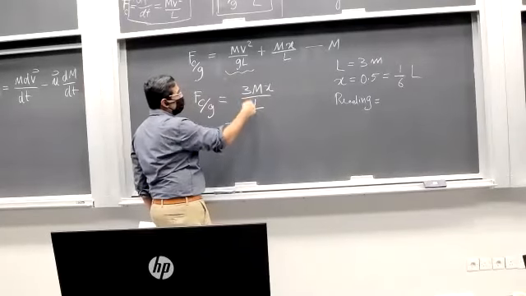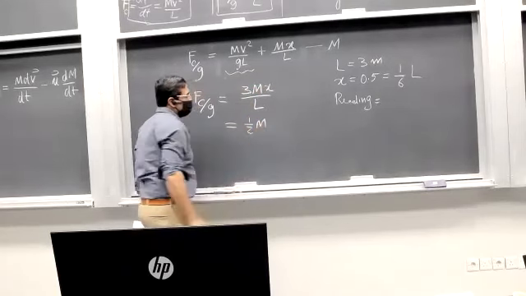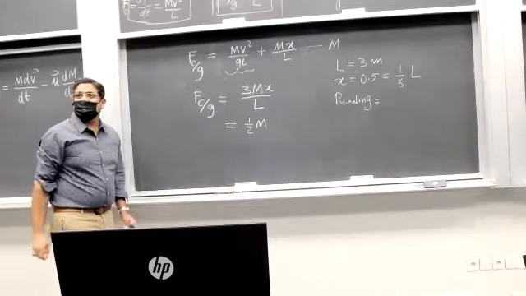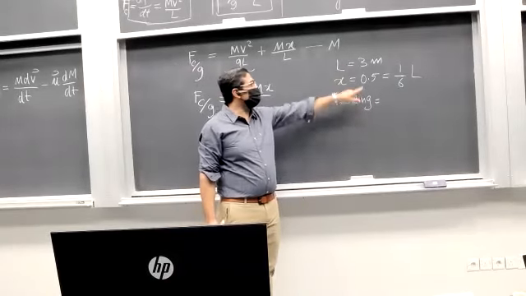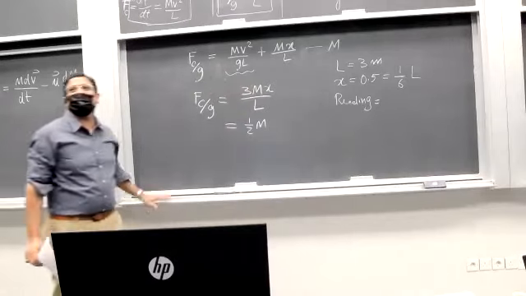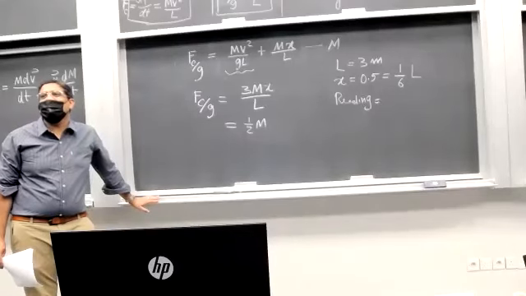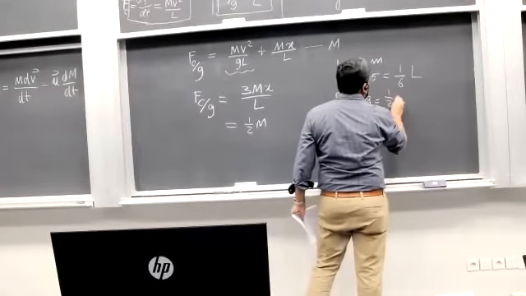Because 3 meters, 3 cancels, and this is half m. Right? But look at what is happening here. It is a 3 meter chain, and how much has dropped? Only 1/6 has dropped. And how much mass appears on the scale? Yes, 3 halves times M. Isn't it counterintuitive against common sense?